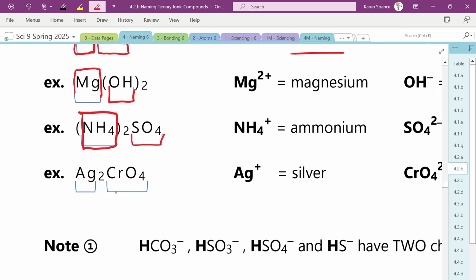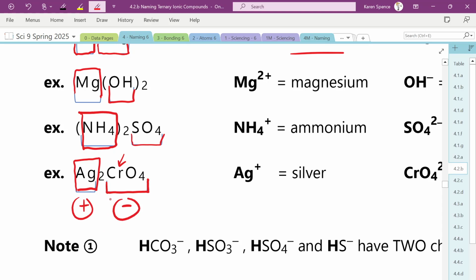And sometimes these ones mess people up because they see another metal here and they get wound up and they're like, oh, what do I do? Nothing different. It doesn't matter that chromium's another metal. You've put a box around your first one. That's your positive ion. That means everything else is the negative ion.